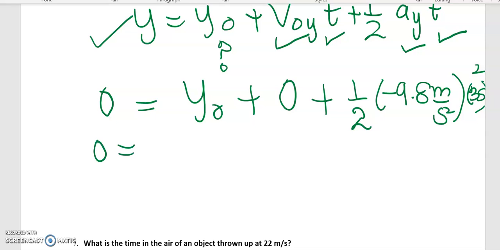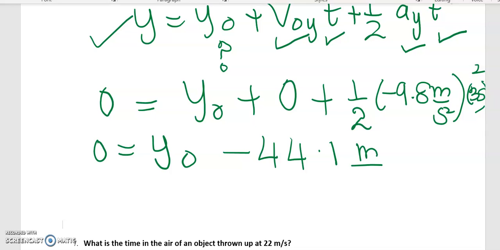So 0 is equal to y0 minus... let's solve it first: 0.5 times 9.8 times 9, you'll get negative 44.1 meters.